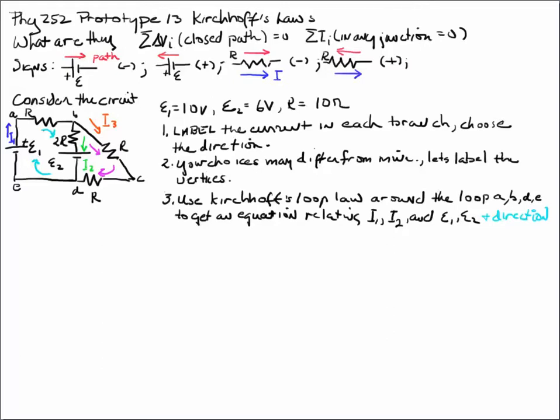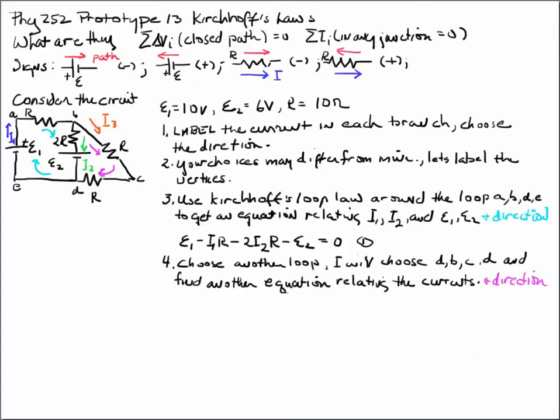Okay, after you've worked out the equation, you should have paused the video, worked out the equation, and started the video. And we now have the equation EMF1 minus I1R minus 2I2R minus EMF2 equals 0, and that we'll call equation 1.